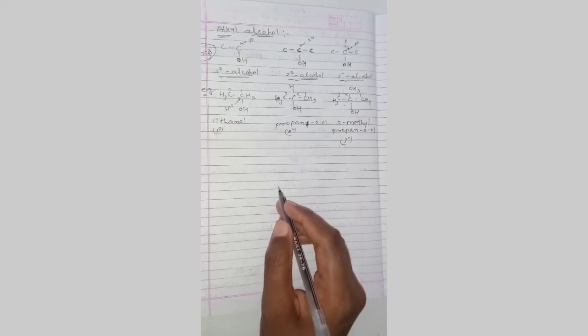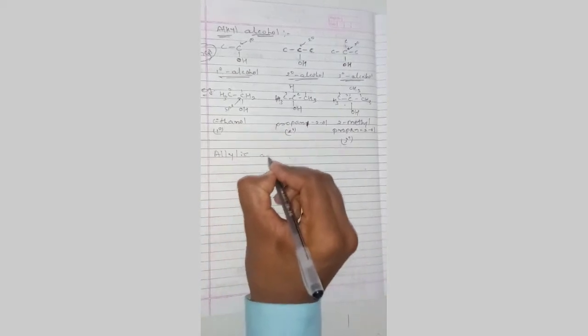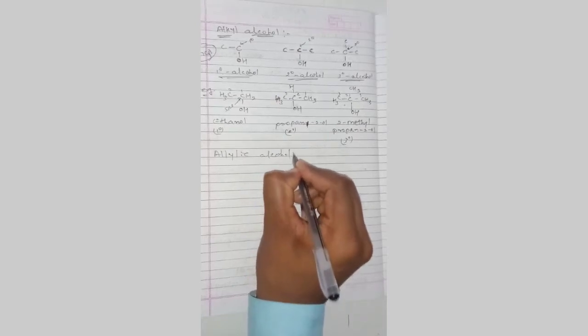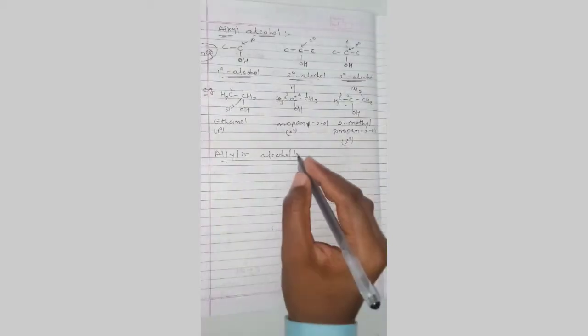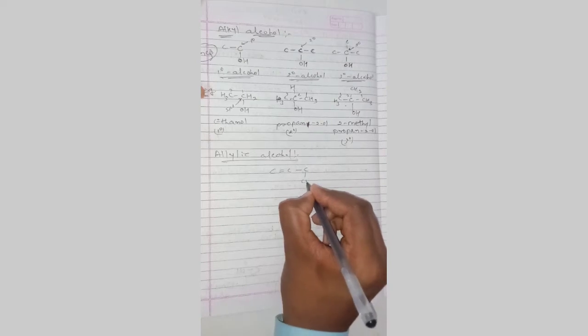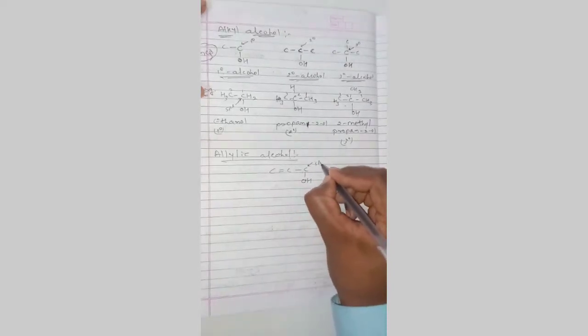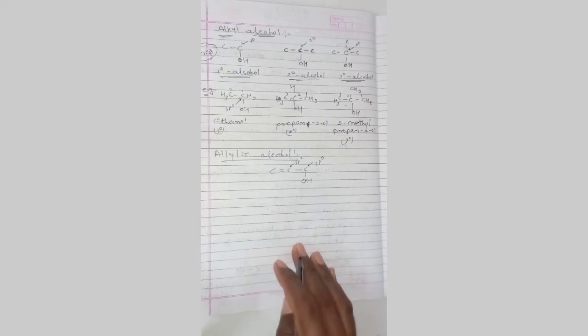Now let's see about allylic alcohol. Here carbon-carbon double bond, and C and OH group. So here this carbon is sp3 hybridized carbon atom and this carbon is sp2 hybridized carbon atom.